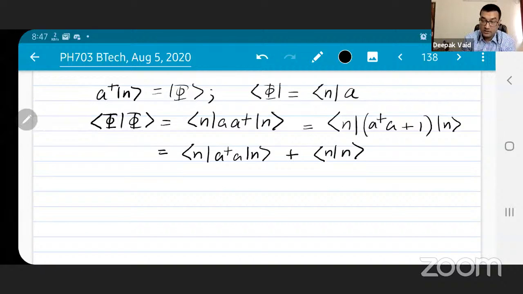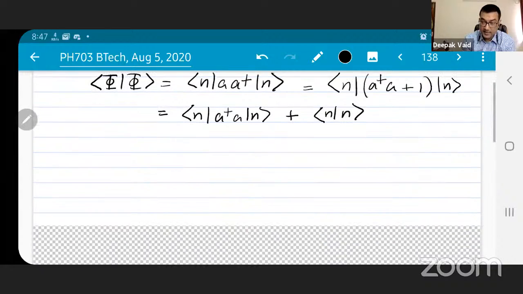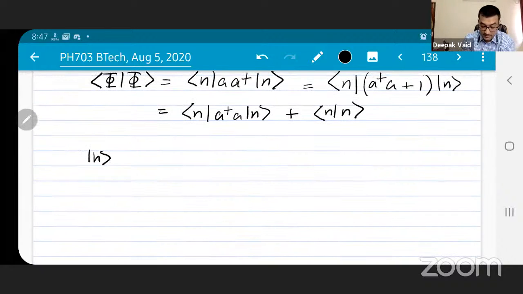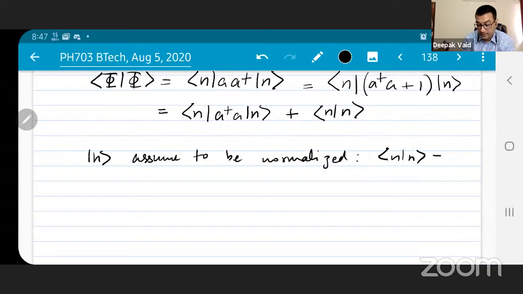Now these eigenstates |n⟩, we can take them to be normalized, right? That means ⟨n|n⟩ is equal to 1. So then this becomes equal to 1. And what is this A dagger A?